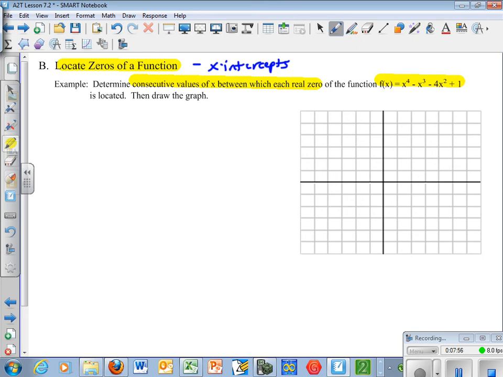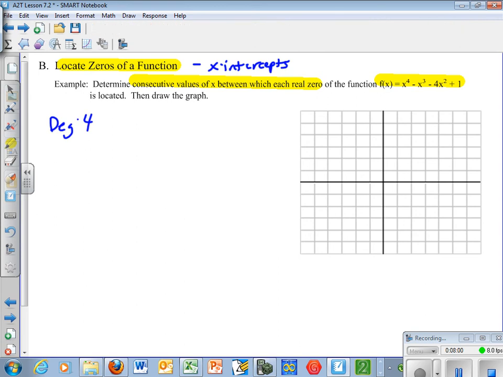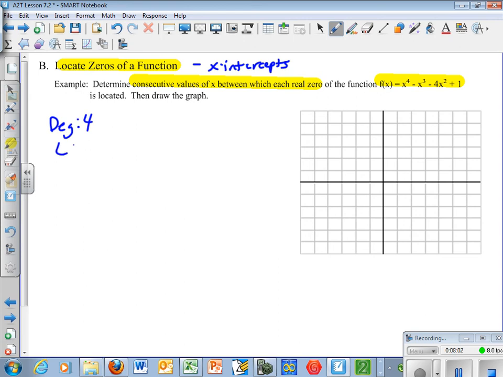Okay, now we know this is degree 4. The lead coefficient is 1, so it's positive. Remember, degree 4, even degree, tells us the end behavior is the same on both sides. Remember, odd goes in opposite directions, meaning up and down, and then it depends on the lead coefficient, but the end behavior is the same.